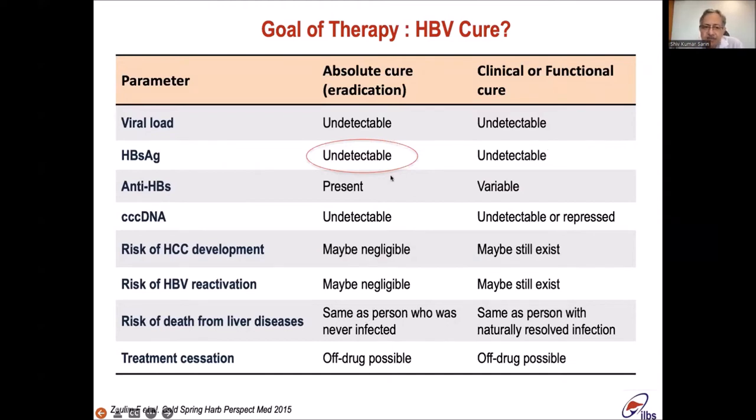This, however, is not easy. But what you can do is to get the virus undetectable, HBsAg undetectable. So absolute or clinical or functional cure is possible. You may not be able to remove cccDNA. You may not be able to form anti-HBs. So remember, our goal of therapy is also loss of HBsAg, not only DNA.